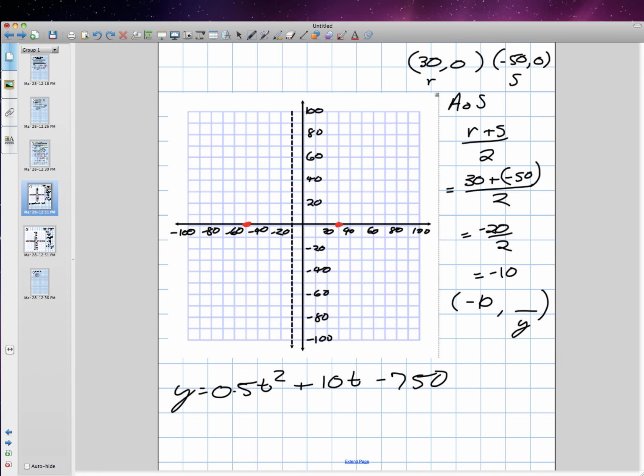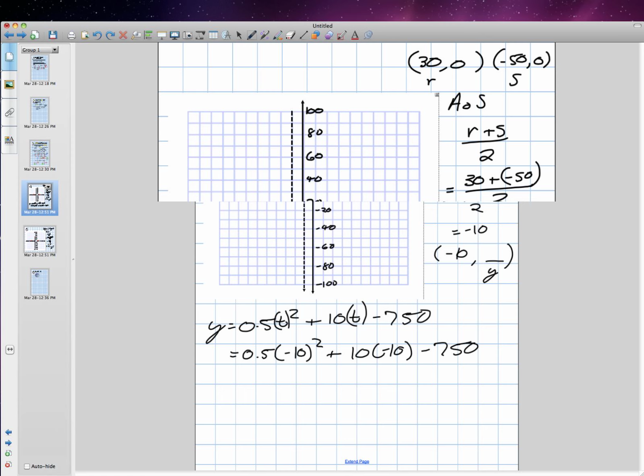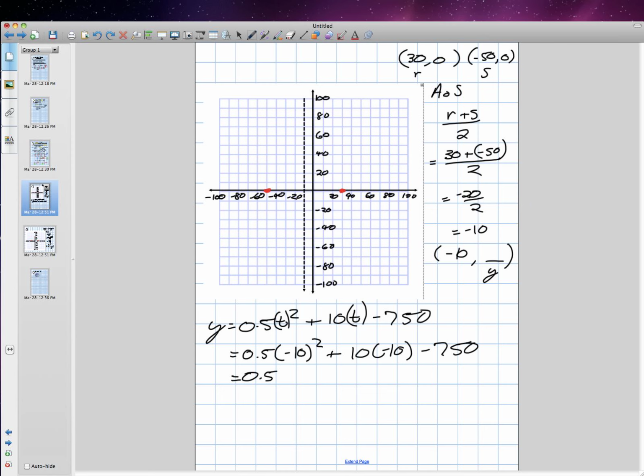So we need to find our y value. We're going to plug in negative 10 for the t. Which means we get 0.5 times negative 10 squared plus 10 times negative 10 minus 750. Negative 10 squared will be 100.